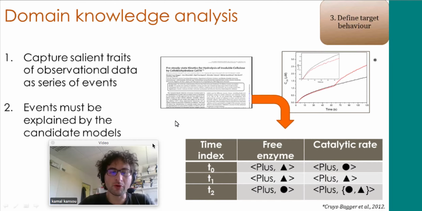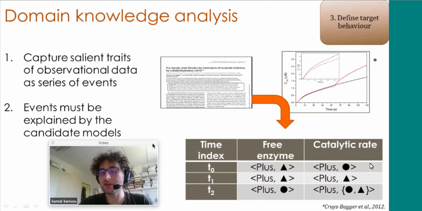So we captured the restart phenomenon as a series of qualitative events described here. For example, the addition of free enzyme is represented by plus here, and this triangle symbol represents the increase of free enzyme concentration.